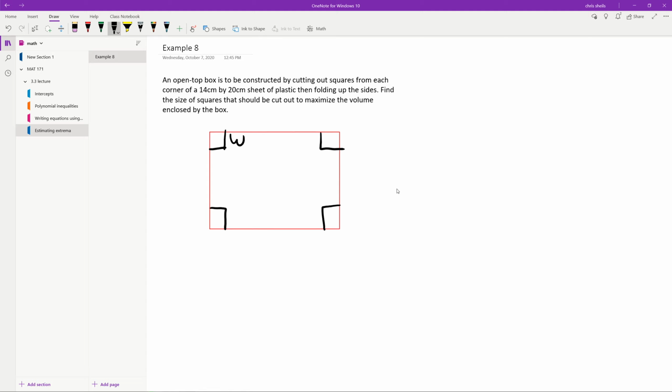Notice that after I cut out a square from each of these ends, let's say this is the side that was 14 centimeters, and let's say this side was the 20 centimeter side.